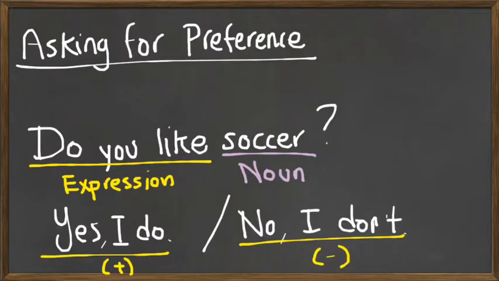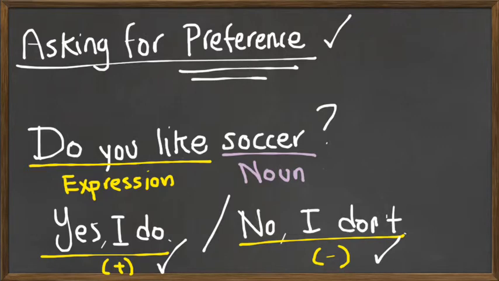Let's continue. Okay, so we have asking for preference. That is the next item we're going to review today. For example, we have, do you like soccer? In this, we're asking if the person has a preference or a like for soccer. We have answer in affirmative and answer in negative. Answer in affirmative is yes, I do.